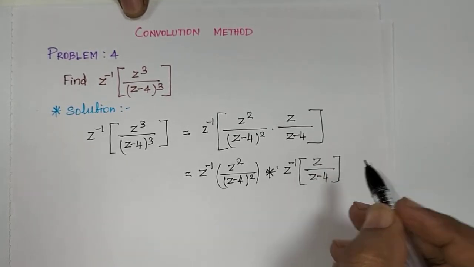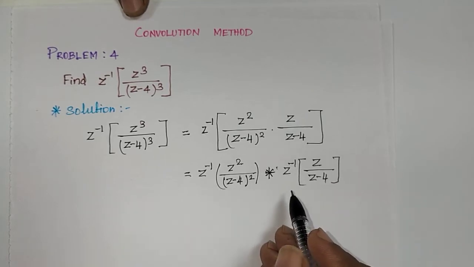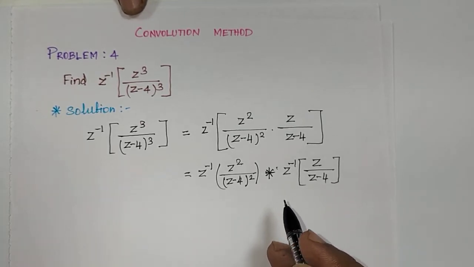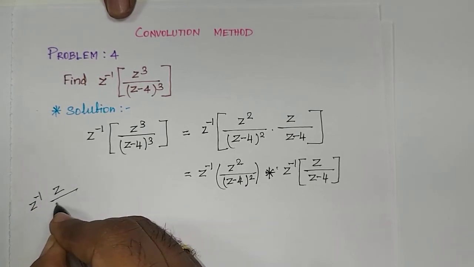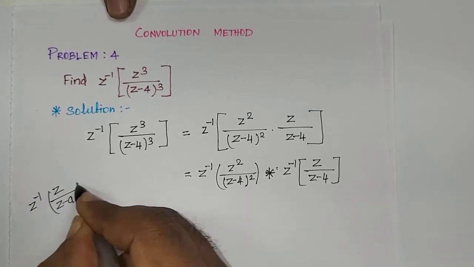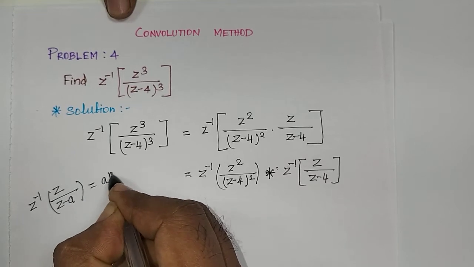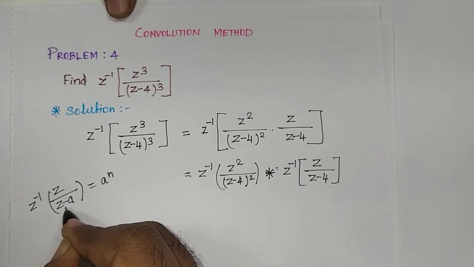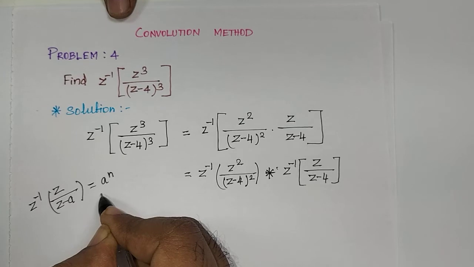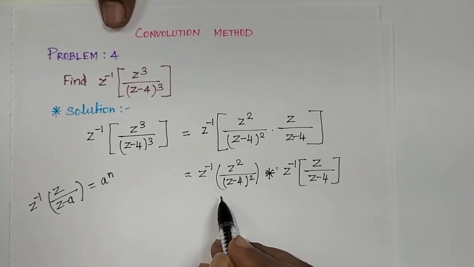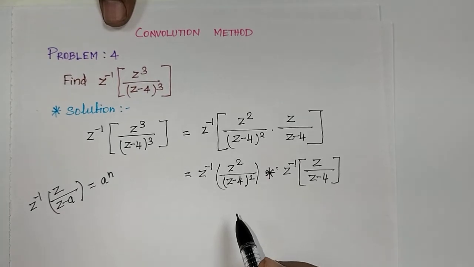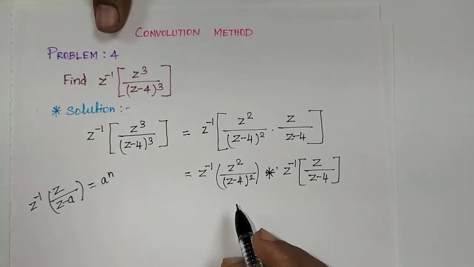So if you want to solve these two terms, you should know two formulas. Already you know one formula, z inverse of z divided by z minus a is equal to a power n. Suppose here you have plus a, then you should write minus a power n. But one more formula, which is different, z inverse of z square divided by z minus a whole square.